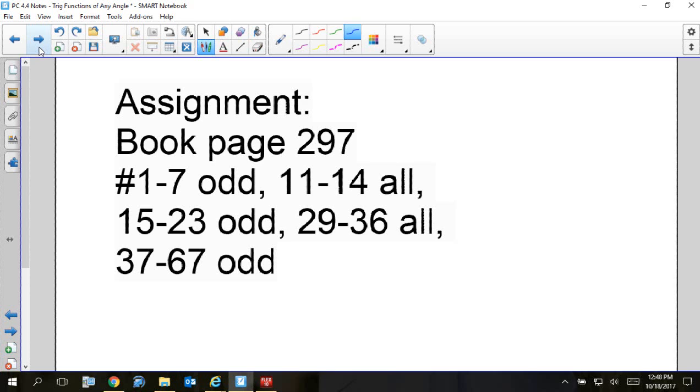Use the rest of class to work on this assignment, which is on the first 2 pages of the notes today. And then this assignment is for Friday.